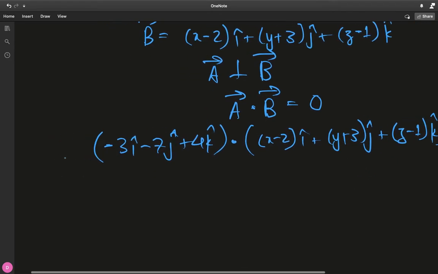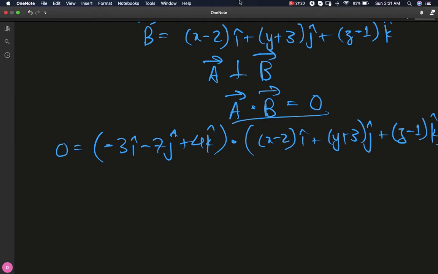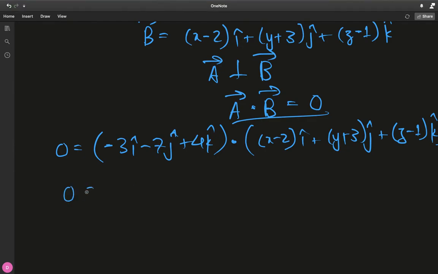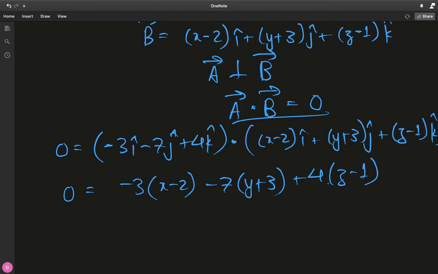And all this is equal to 0 because their dot product is equal to 0. So simplifying stuff directly, we have negative 3 times x minus 2 minus 7 times y plus 3 plus 4 times z minus 1 is equal to 0.